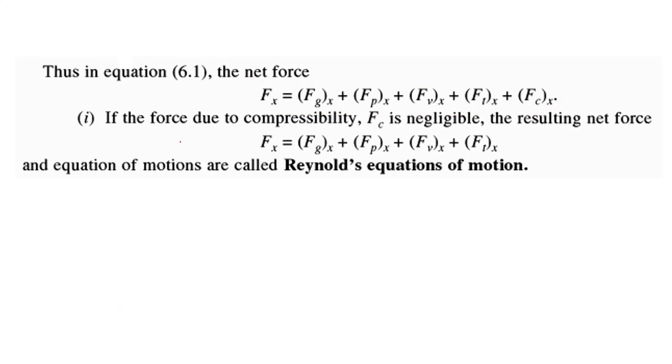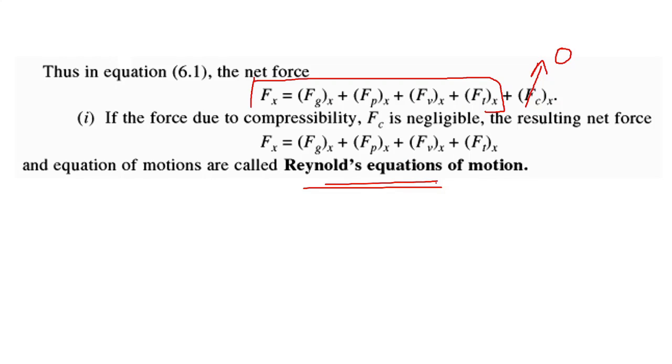If the force due to compressibility is negligible, then Fc is 0. Then the resulting force F comprises only the gravity force, pressure force, viscosity force and turbulent force. Such equations of motion are called Reynolds equations of motion.